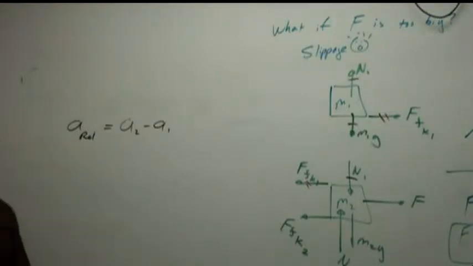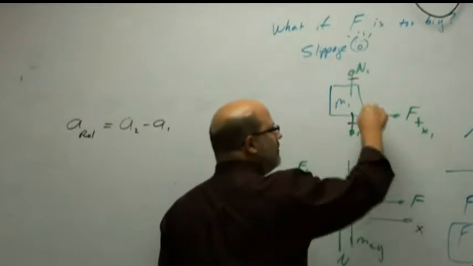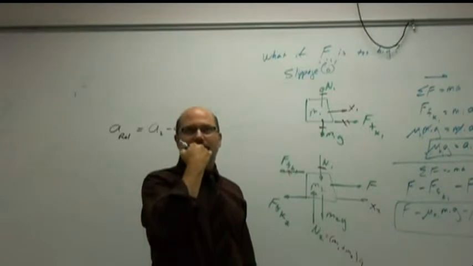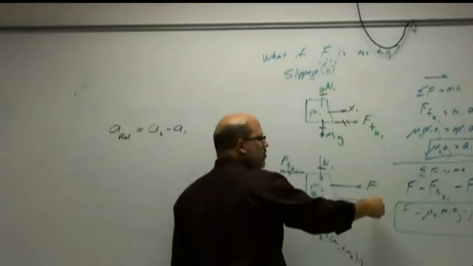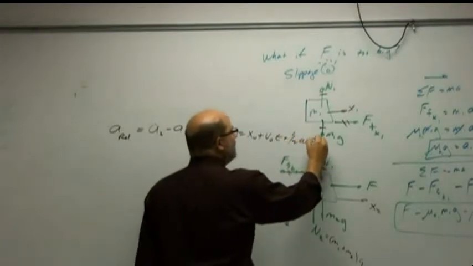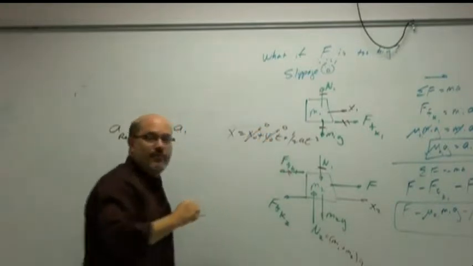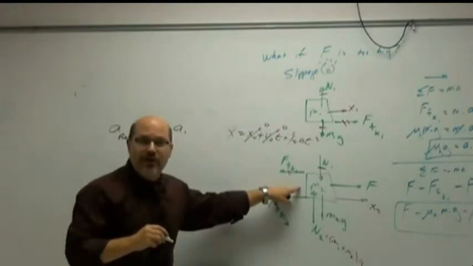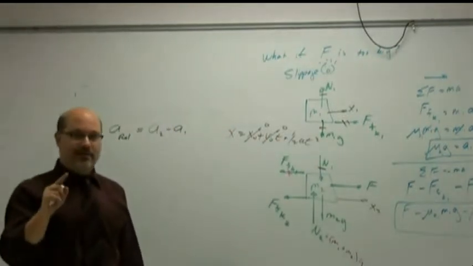Or you could say this one's going to move a distance x1, this one's going to move a distance x2, and you figure these out with x equals x naught plus v naught t plus 1/2 a t squared for each one, both starting at 0. When the distance this block travels and the distance that block travels are off by exactly this length, that's when it falls off. Does that make sense?